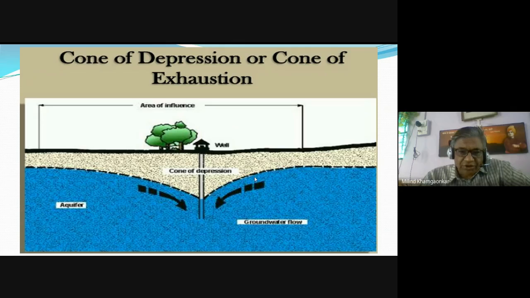All this groundwater table along the circular periphery of the well will go down into the well, and adjacent to well, as we move away from the well, this water table will try to reach its original level and it will look like a cone from the top, which is called as the cone of depression.